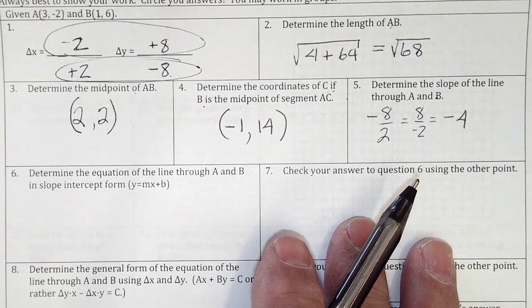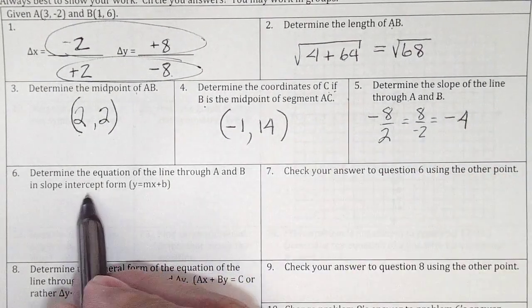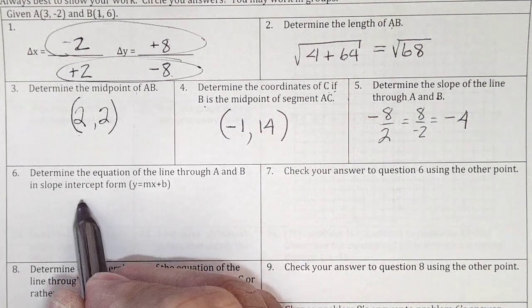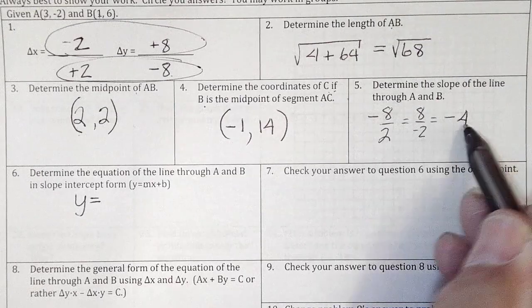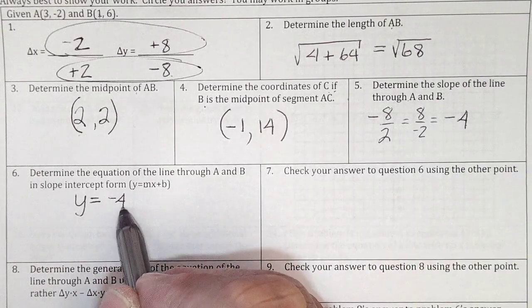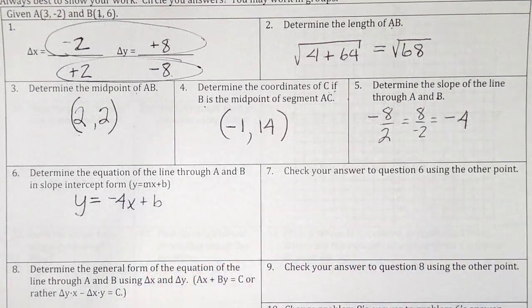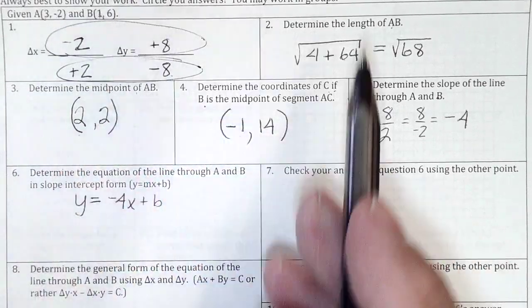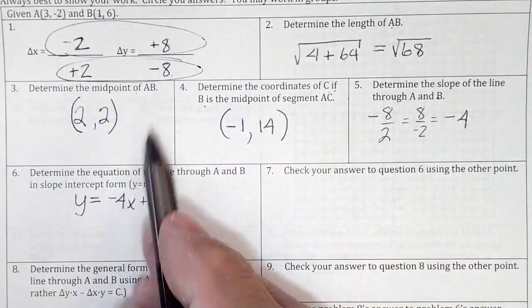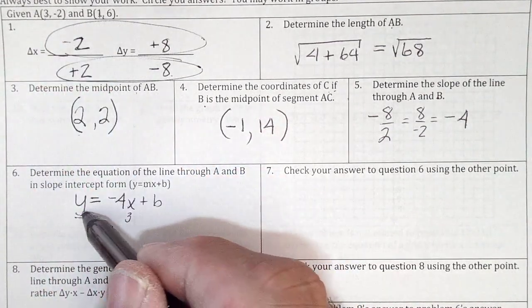Now you're to write the equation in the y equals mx plus b form. And you've done this one many times, I presume. So y is the slope, which is -4, times the x plus some y-intercept. Now you can use either point to figure out the y-intercept. If we put in the 3 for the x, we're supposed to get -2.